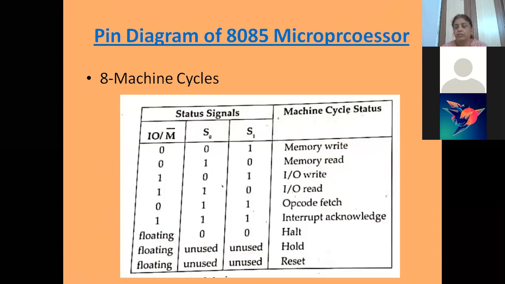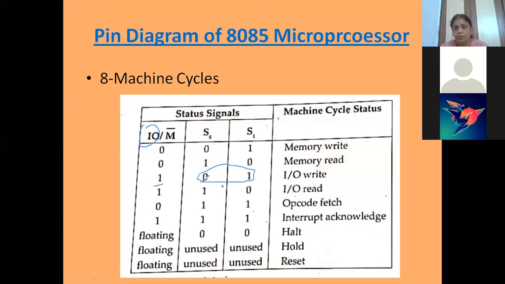Writing to input output or to memory. कहाँ पे आप writing कर रहे हो? That is decided by this IOM bar pin. If it is 1, that means you are writing to input output devices. आप देख रहे हो यहाँ पे 1 है. ये this is the status of write.